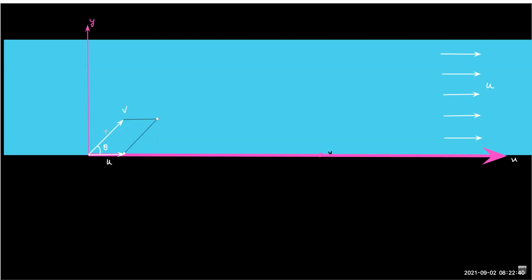This is the resultant of the two vectors, and if you extend this line, what you will see is called the line of motion. So this black line is called the line of motion. And if I make one more line, probably to show the v, then this is called the line of heading.